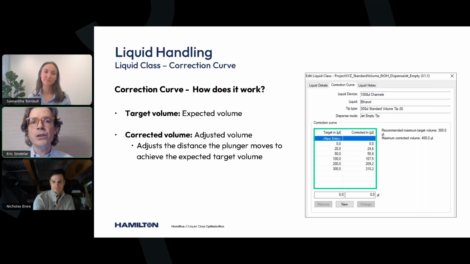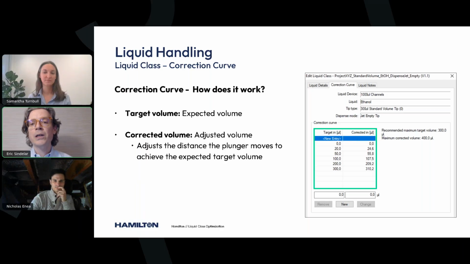For each target volume, you would have this corrected volume. On the right side, you'll see an example of a liquid class, with a column for target in microliters and a column for corrected in microliters. For the target volumes, you'll see entries for 20, 50, 100 microliters, etc., and then an associated corrected volume for each. So let's look at 20 microliters.